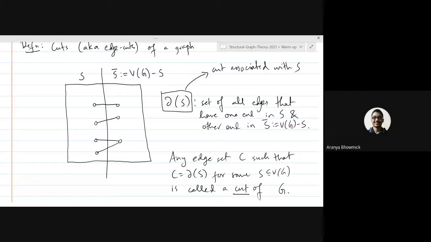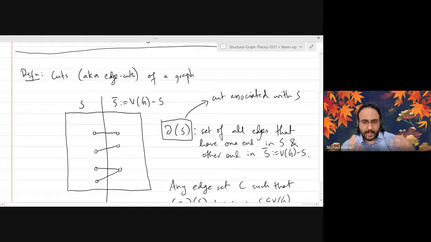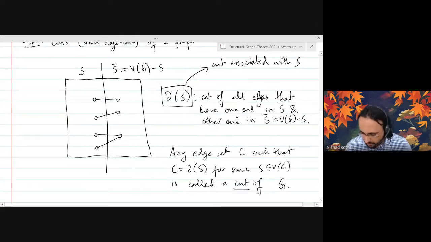So I would like to emphasize that a cut of a graph is a set of edges that arises from a bipartition of the vertex set. So you need a bipartition of the vertex set, and then you look at all the edges going between those two parts.